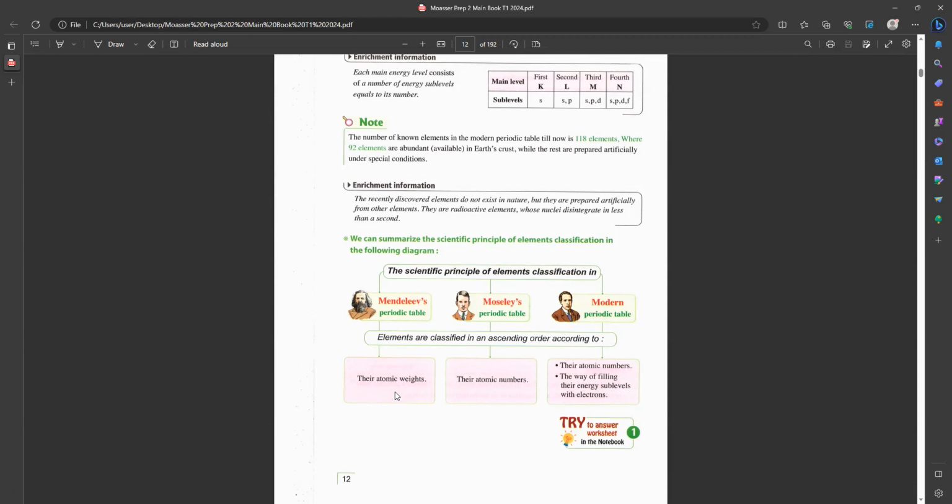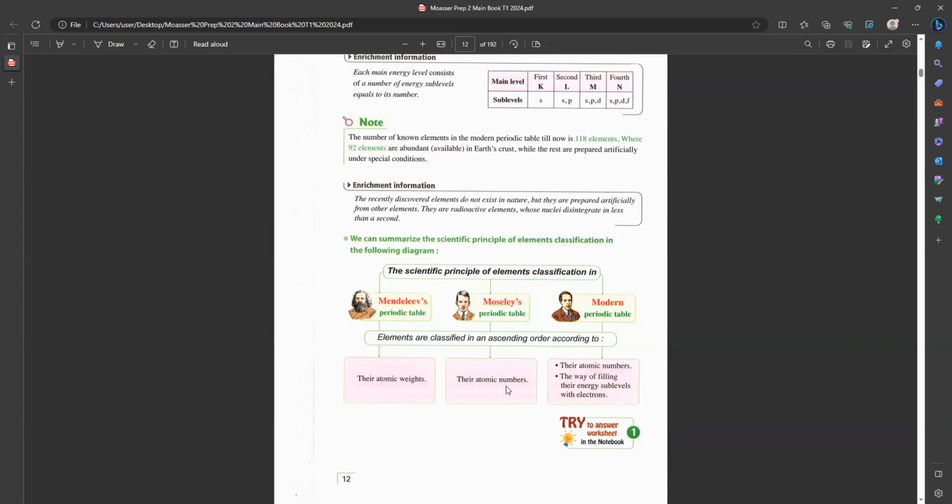He corrected wrong atomic weights that were given before him. He had disadvantages: he dealt with isotopes as one element, he made a disturbance in the ascending order of elements, and he put iron, cobalt and nickel in one cell.